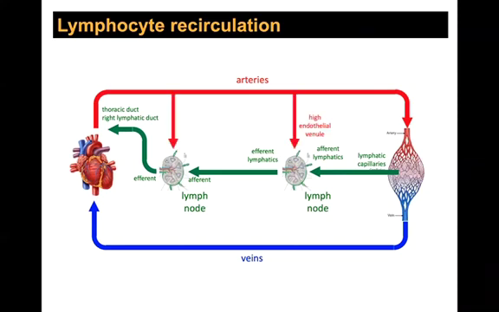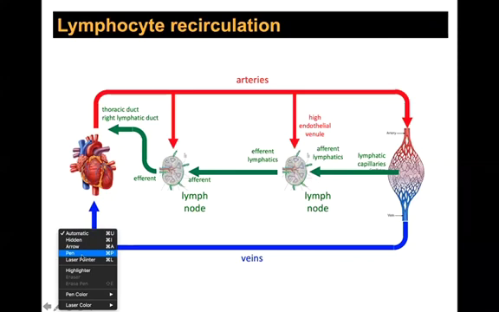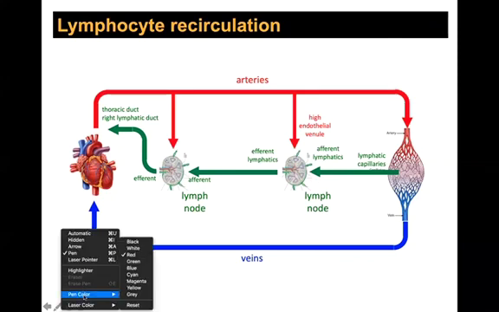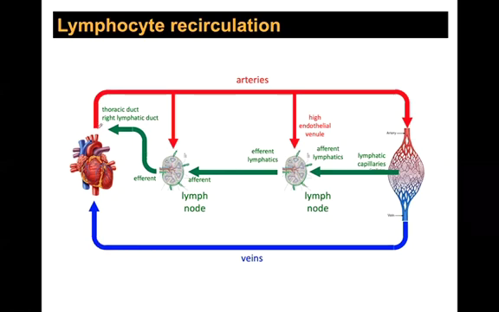Now the T cells and B cells don't come into the lymph node typically directly via the lymphatics. They come in through the high endothelial venule. So if you were to track a T cell response, a T cell is going to go from the blood into the lymph node via the high endothelial venule.